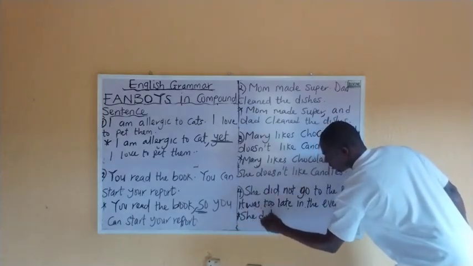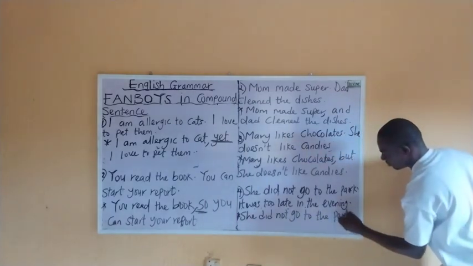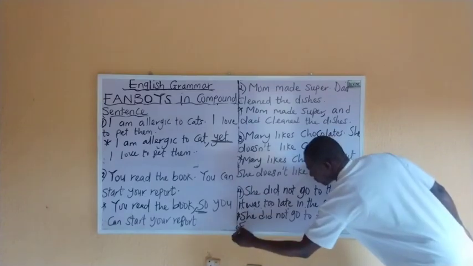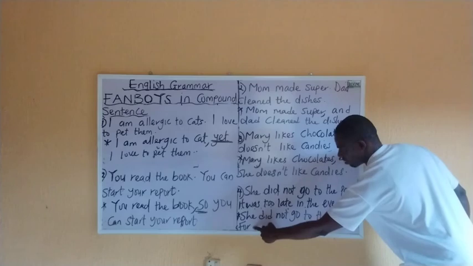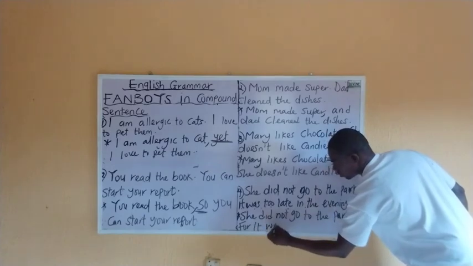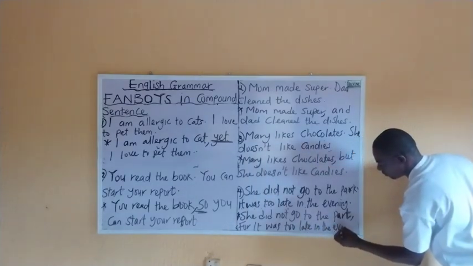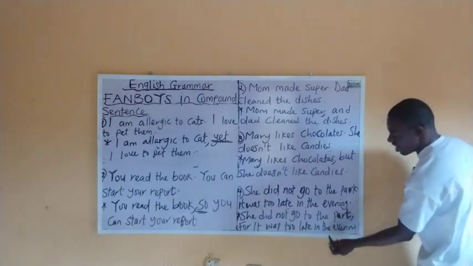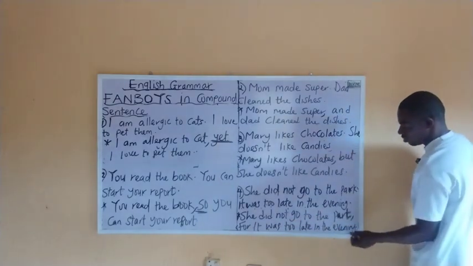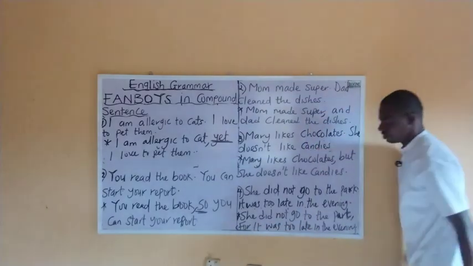She did not go to the park, for it was too late in the evening. So we have to give the reason here: she did not go to the park, the reason being that it was too late in the evening. So the right coordinator to use here is "for," to show reason.